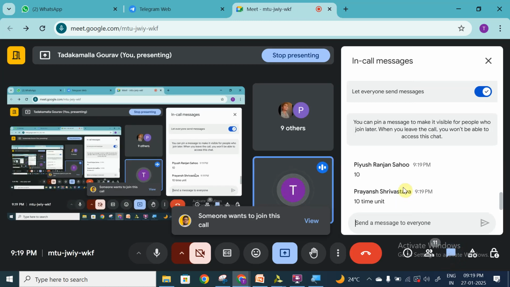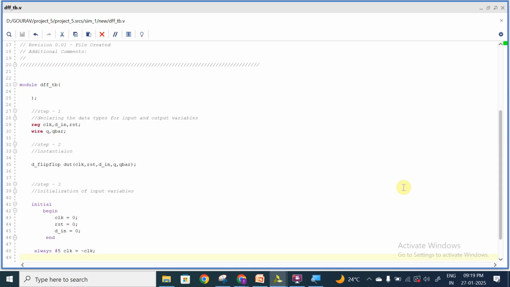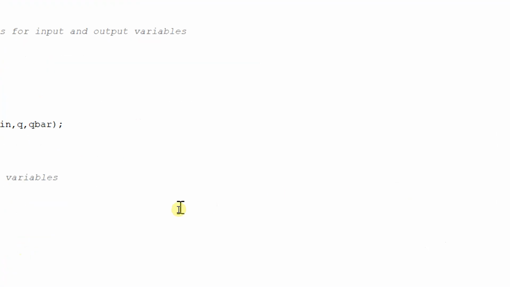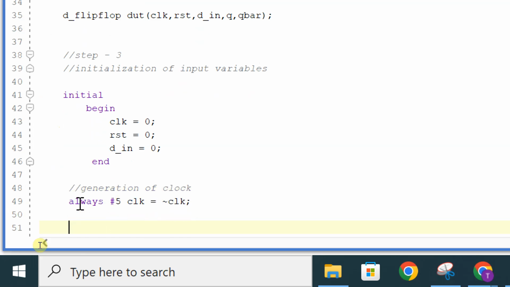For 5 time units this clock will be equal to 0, and for another 5 time units the clock will be equal to 1. So this step is nothing but your generation of clock.